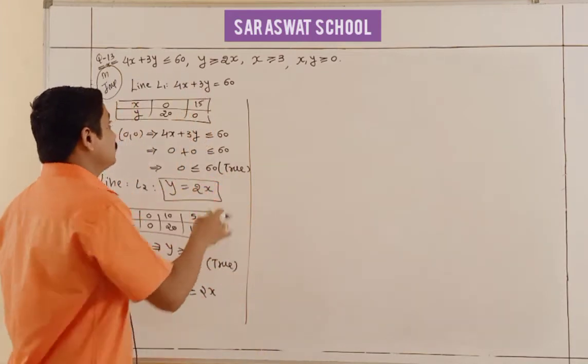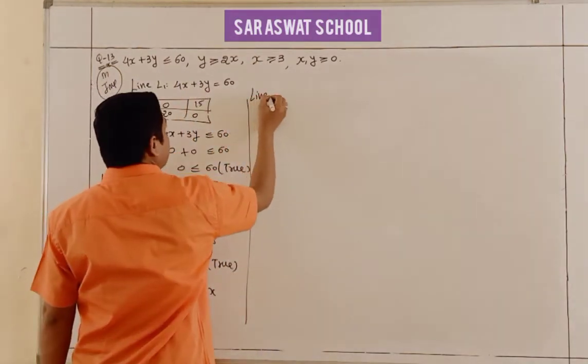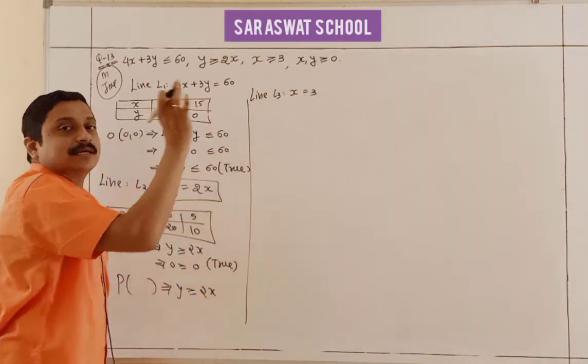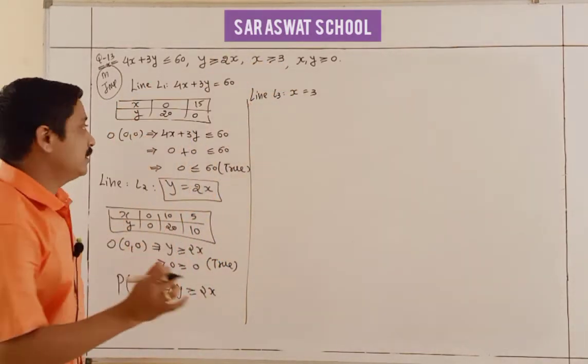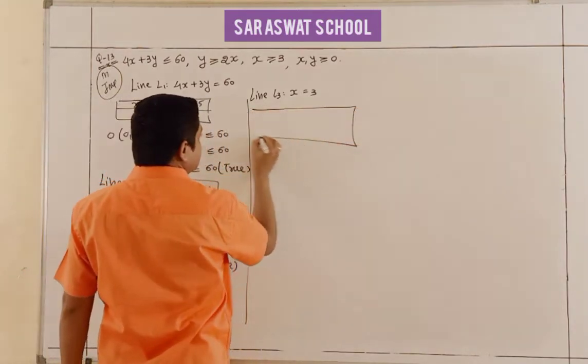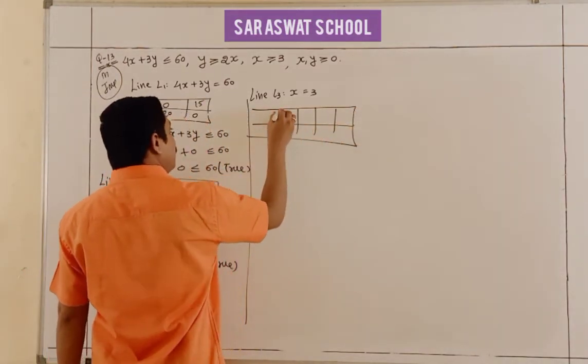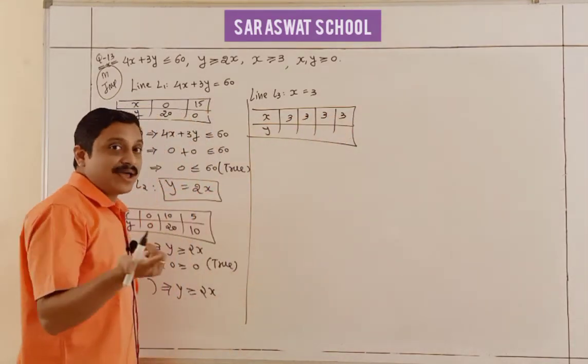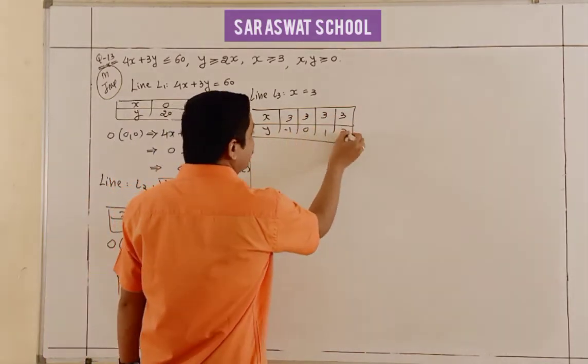And now the third line L3 is x is equal to 3, related to x greater than or equal to 3. And applying that, you must know every value of x is 3, and y is any value, like minus 1, 0.